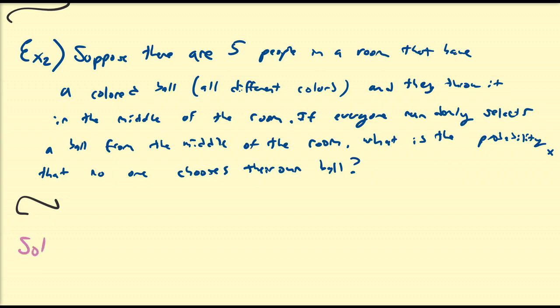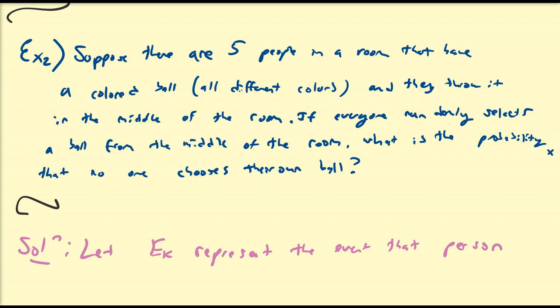So, solution. So let's define some notation. So we're going to let EK represent the event that person K, so K is going to range from 1, 2, 3, 4, or 5, does not choose their own ball.